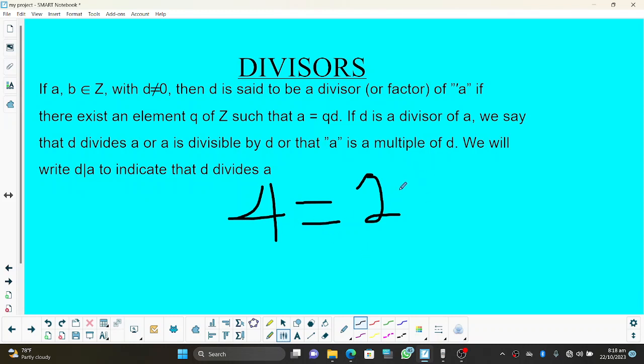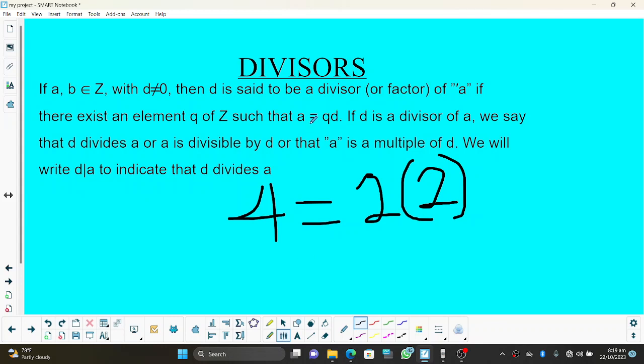Then if I multiply this 2 by the quotient 2, it gives me 4 back. So q represents the quotient.